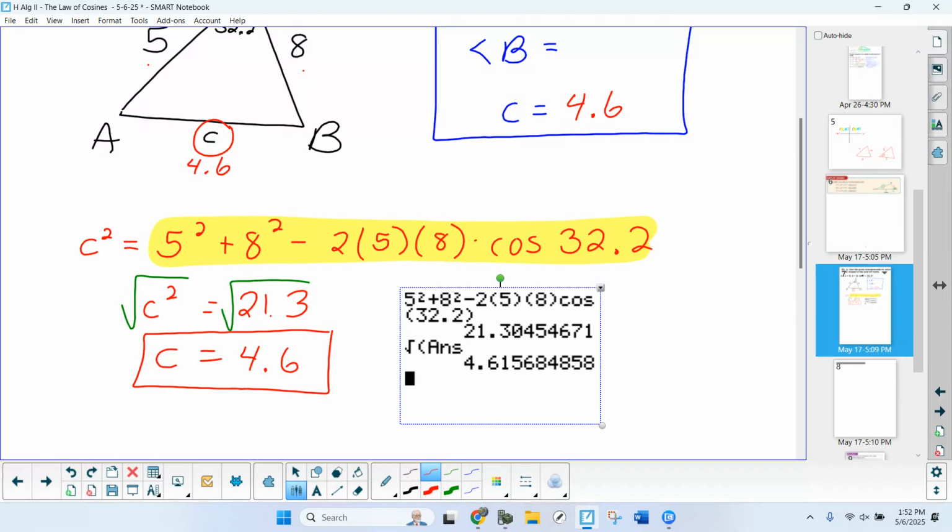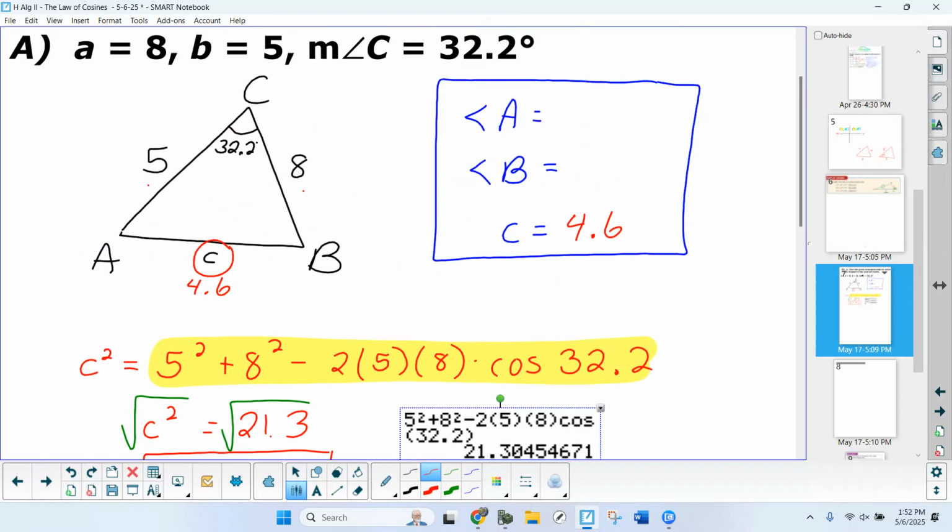Now we can use sine, and I am going to switch to sine because sine is so much easier for the angles, which you'll see in a minute. However, if I have an obtuse angle, where is it? At A. Why? Because it's the biggest side. If I have an obtuse angle, it will be opposite the biggest side.